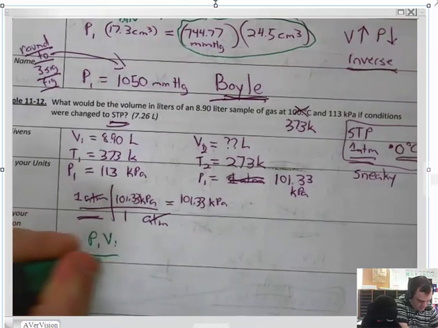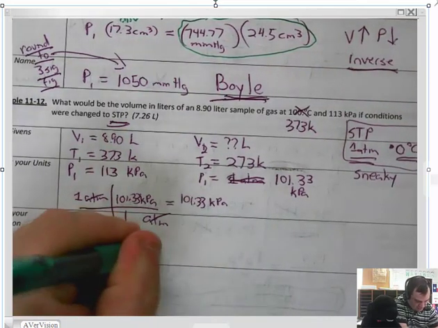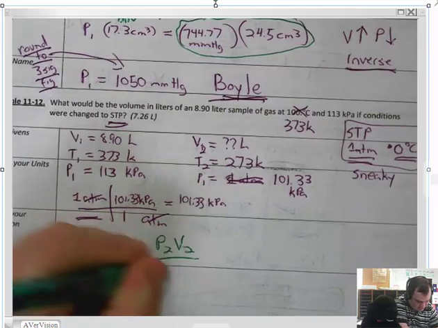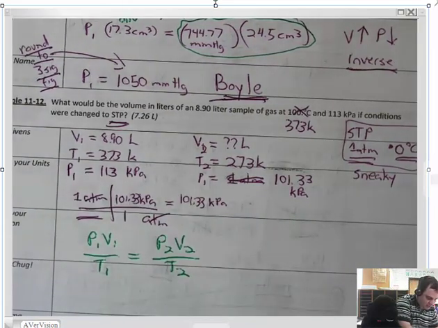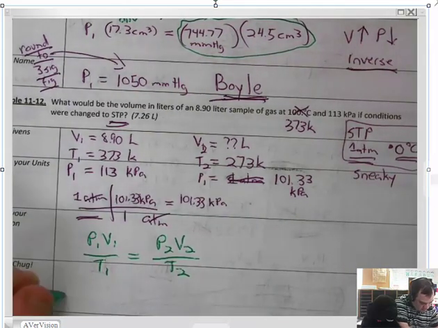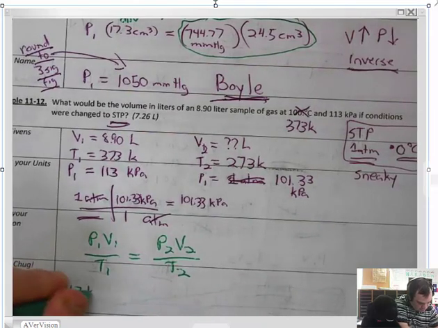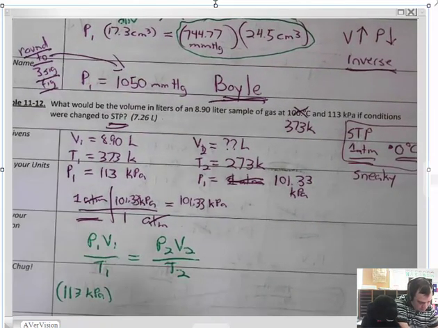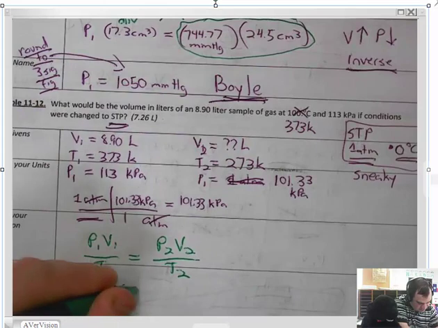P1V1 over T1 equals P2V2 over T2. I'm going to plug in our numbers. 113 kPa, 8.90 liters.